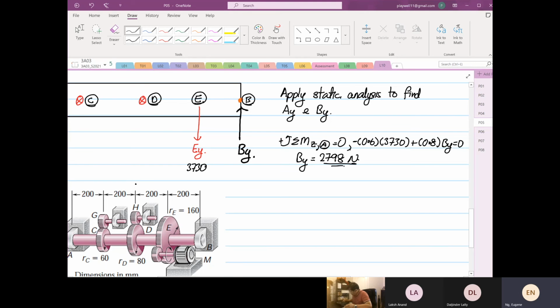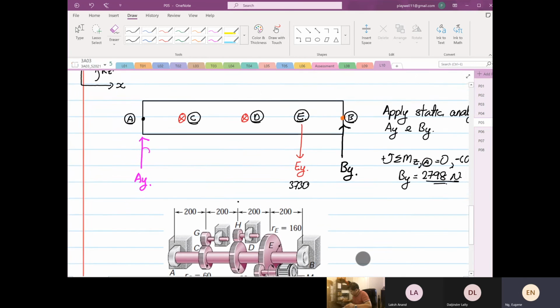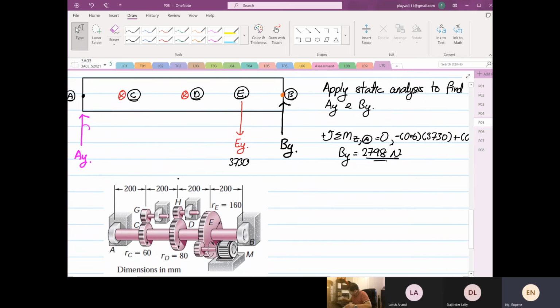2798 Newton. Then you do summation of forces in the y direction. So this will be AY minus 3730 plus 2798.